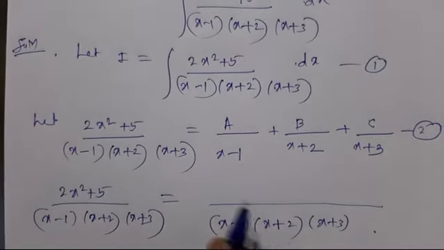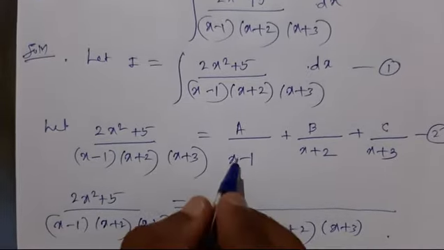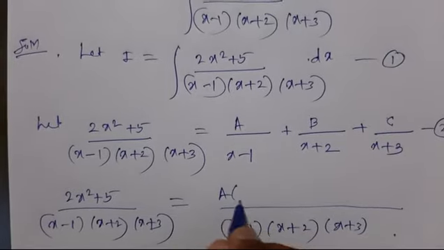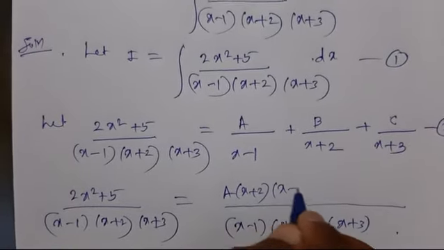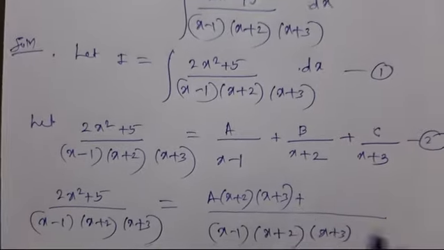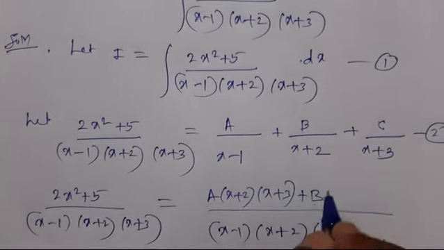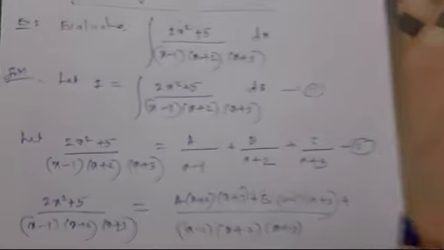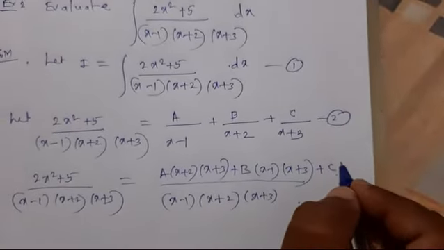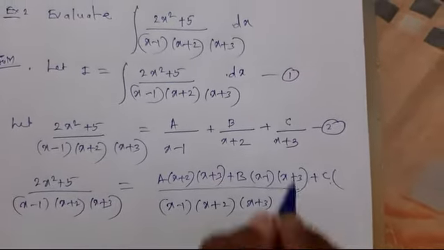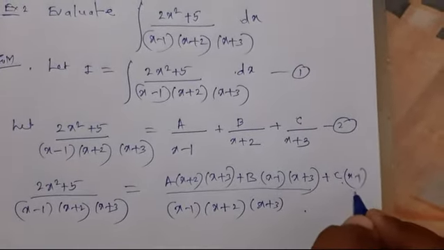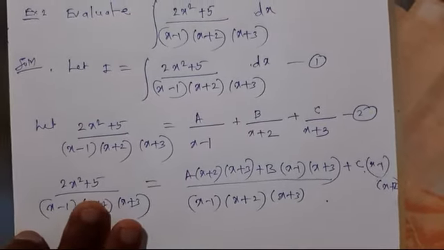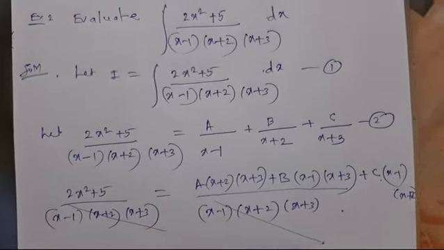So I will cross multiply: a into, here we have x minus 1, so I will multiply a to the remaining two terms, that is x plus 2 into x plus 3, plus b into, here we have x plus 2, so I will multiply the remaining terms x plus 3, plus c into, here we have x plus 3, I will multiply x minus 1 into x plus 2. So we will cancel the denominator here.